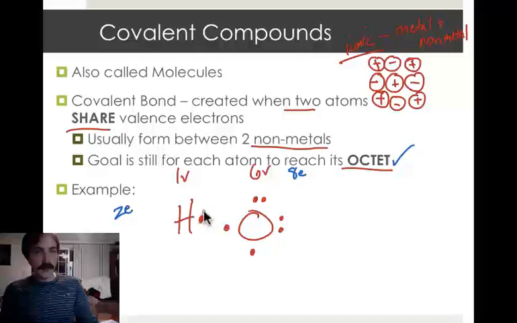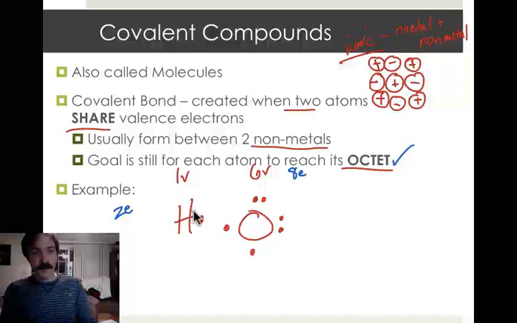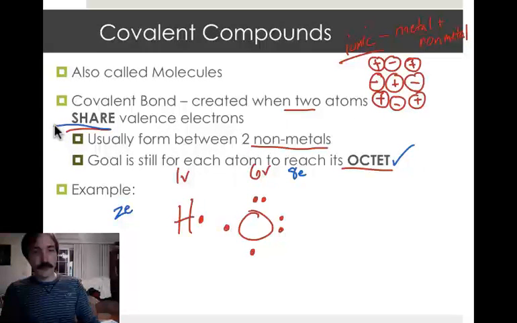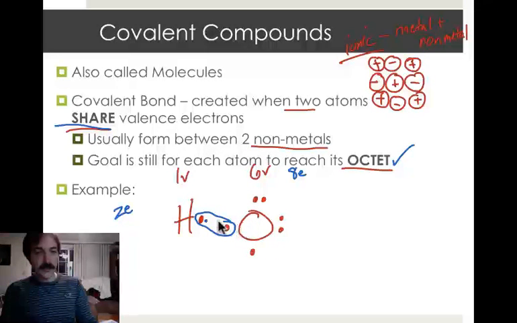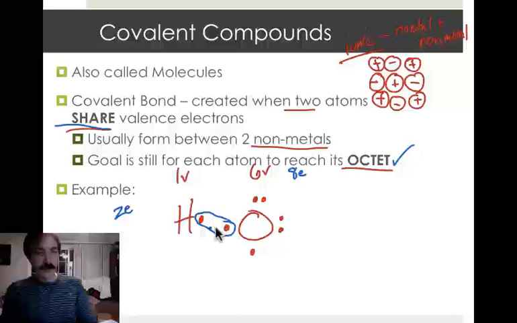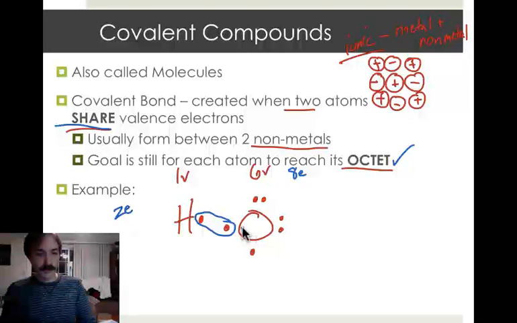So what we can do is, instead of doing an ionic exchange, meaning literally just give it away, in this case we can form a covalent bond and we can share. So hydrogen can share its electron with oxygen, and oxygen in turn will share its electron with the hydrogen. So we'll get a little bond formed here. This electron will essentially be oxygen's as well as hydrogen's, and this electron will be hydrogen's as well as oxygen's.